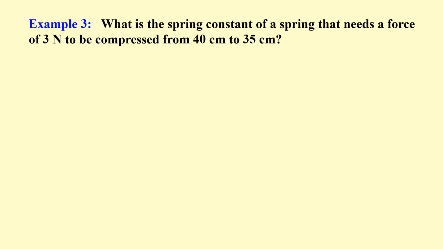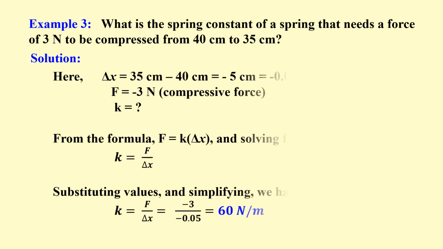Example number 3. What is the spring constant of a spring that needs a force of 3 newtons to be compressed from 40 centimeters to 35 centimeters? Solution. Here, delta x is 35 centimeters minus 40 centimeters, that is, final length minus the initial length, which is equal to negative 5 centimeters or negative 0.05 meter.